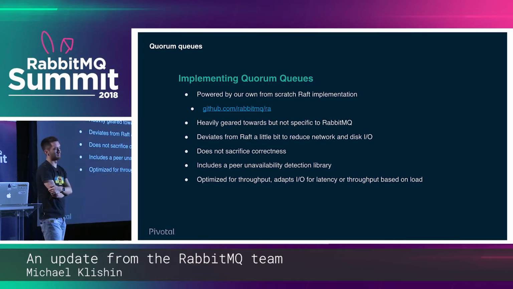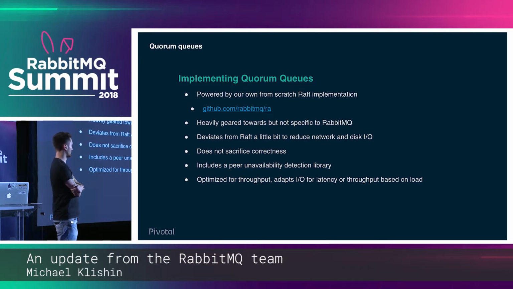It deviates from Raft a little bit, but in ways that we believe do not sacrifice correctness. It includes a pure availability library, which again is not a homegrown protocol. It's a paper that has been known for a long time. For some reason, it's not that widely used.